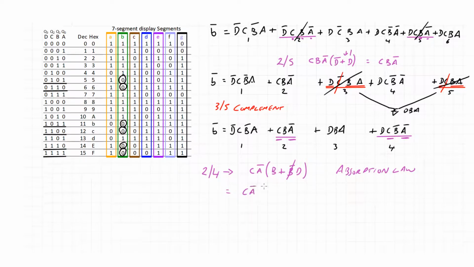So we end up with C not A into B or D. So that's C not A B or C not A D, which you can write in alphabetical order if you want to. So we've used the absorption law: C B not A or D C not A.